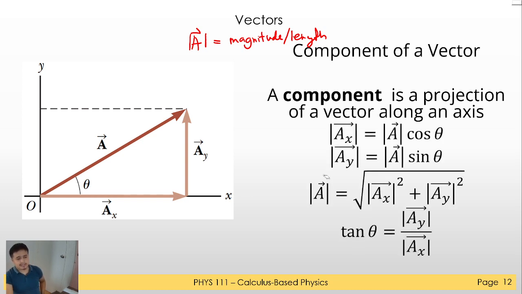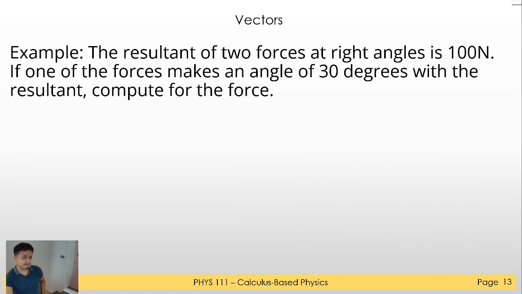For A sub x, that is just A cos theta, and for A sub y, we have A sin theta. For the relationship of A with x and y, we have the Pythagorean theorem, and to solve for the angle, we have tangent theta. This assumes that the terminal point lies in quadrant 1 and the initial point is at the origin.